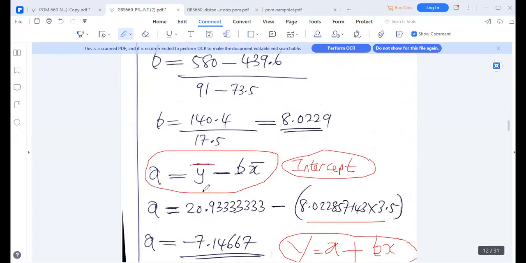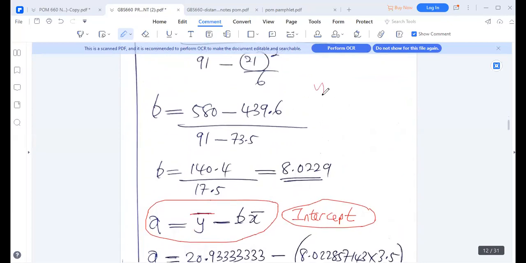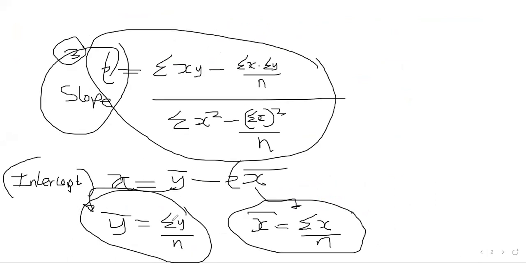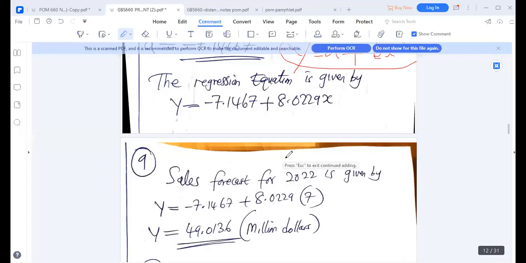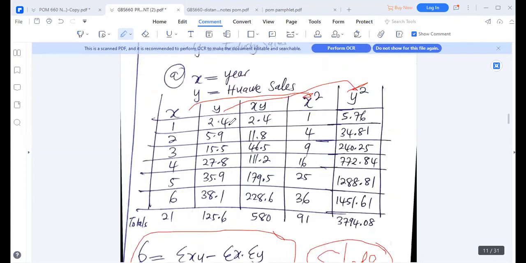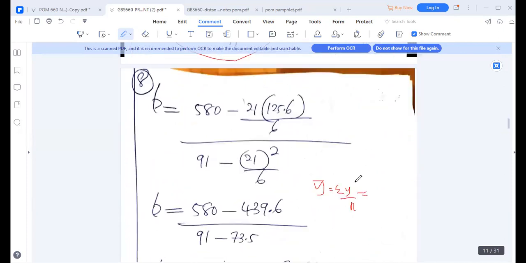Okay, no problem. So now when you're getting the Y bar, it means the mean of Y. I mentioned that when getting the Y bar, it's a summation of Y over N. Then when getting the X bar, it's a summation of X over N. It's more like you're finding the mean of Y and the mean of X. So Y bar is summation of Y divided by our N. The summation of Y is 125.6 divided by how many there are.